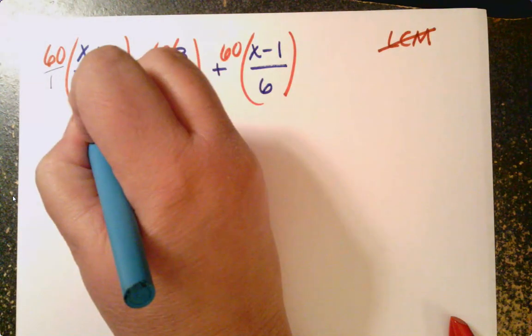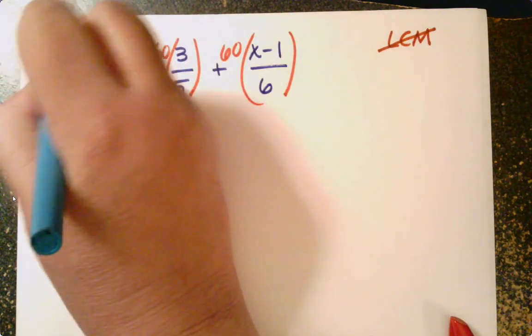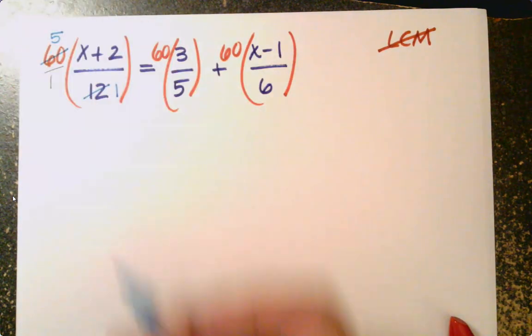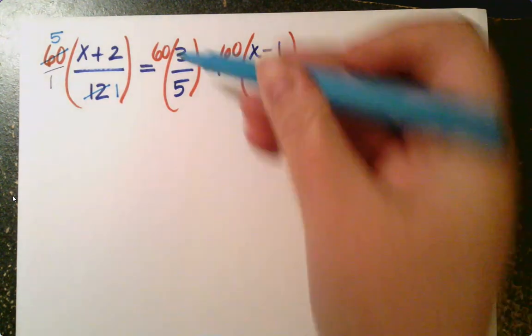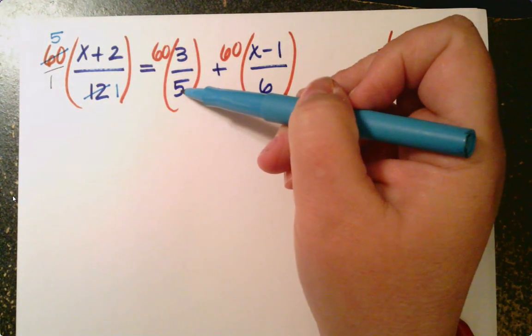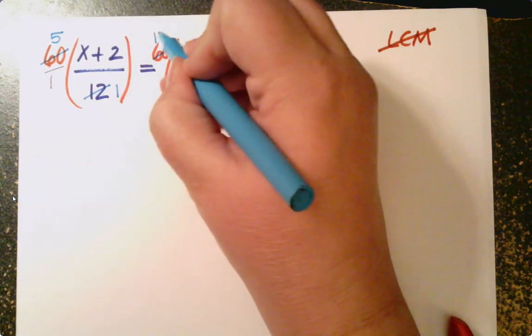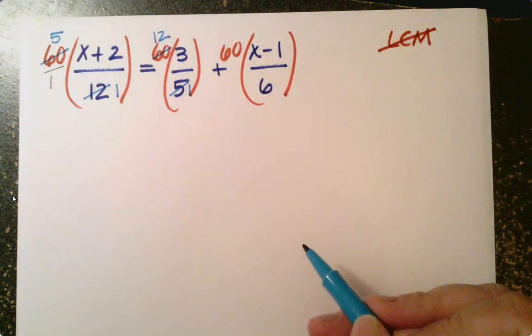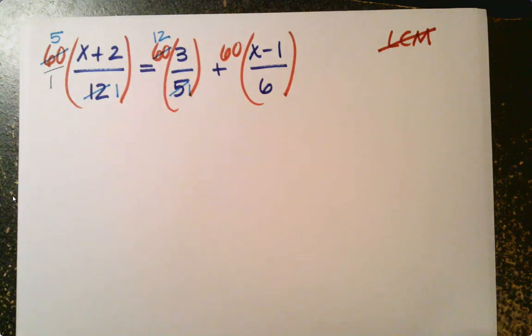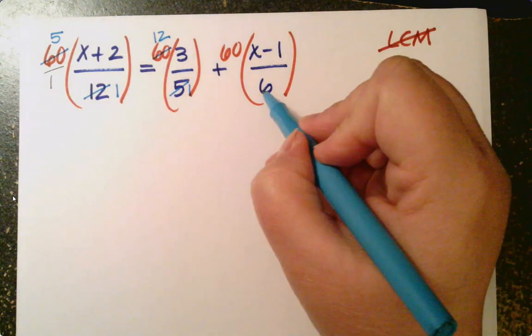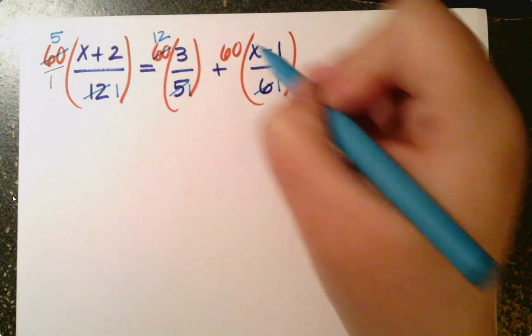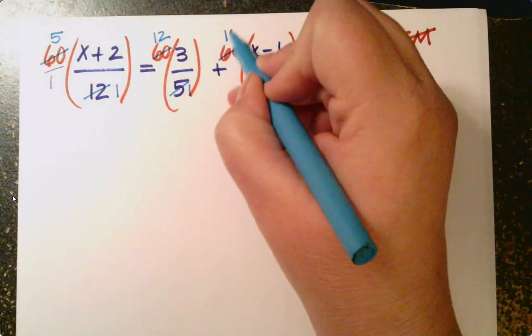So 12 goes into itself once and into 60 5 times. Then I'm going to do the same thing over here. 5 goes into itself once and into 60 12 times. I'm reducing 60 over 5 to 12 over 1. And then over here, 6 goes into itself 1 time and into 60 10 times.